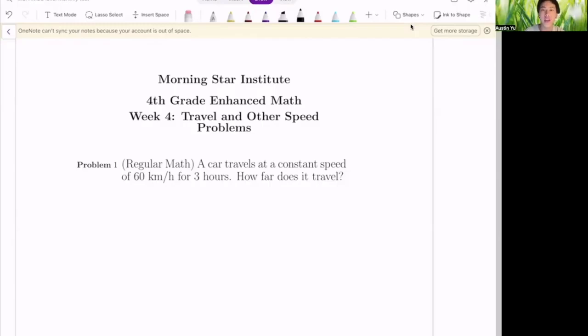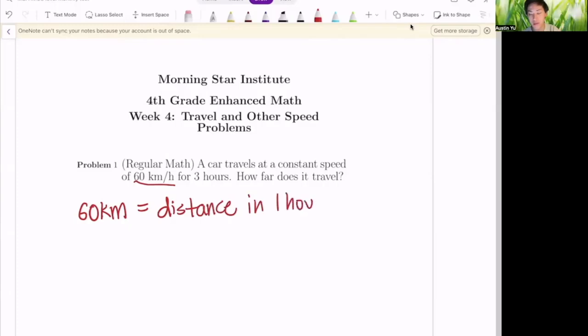A car travels at a constant speed, which means it travels at the same speed the whole time, of 60 kilometers an hour for 3 hours. How far does it travel? So first let's break it down. 60 kilometers an hour, so 60 kilometers is the distance that it travels in 1 hour.